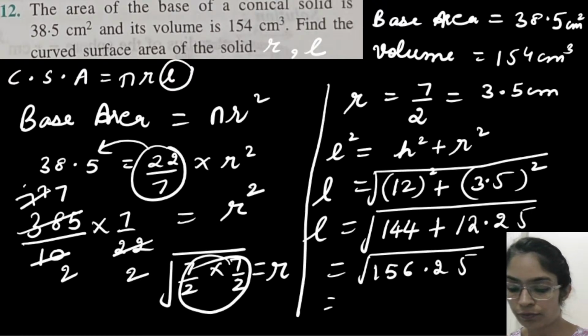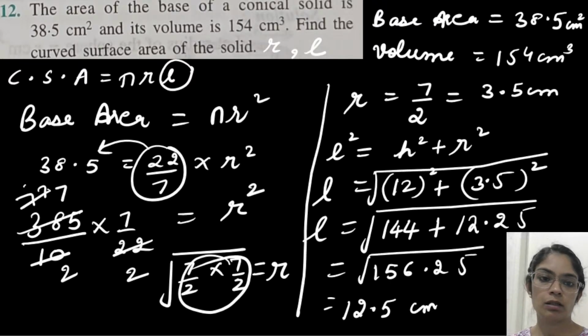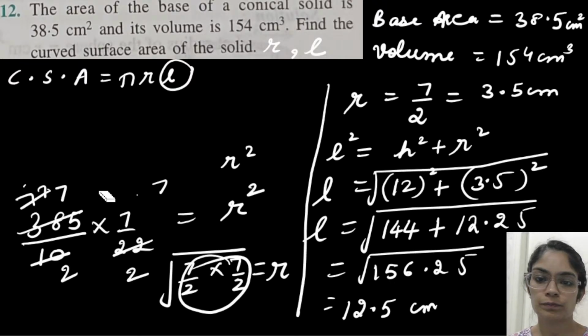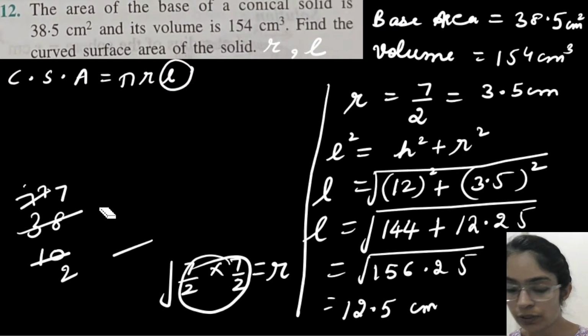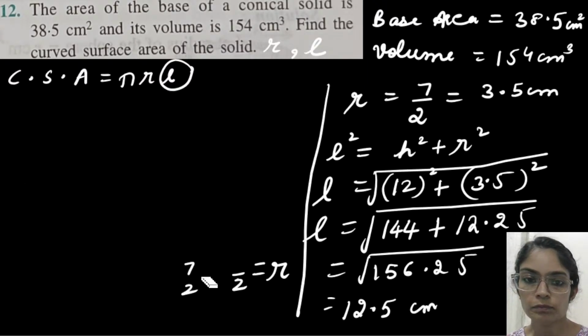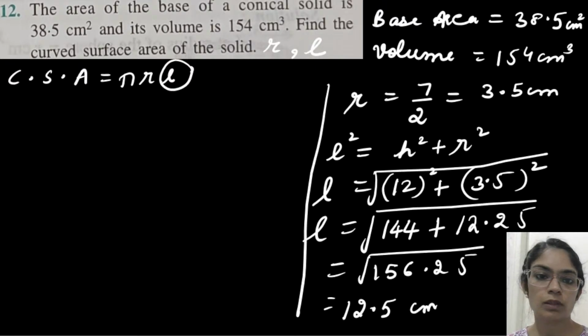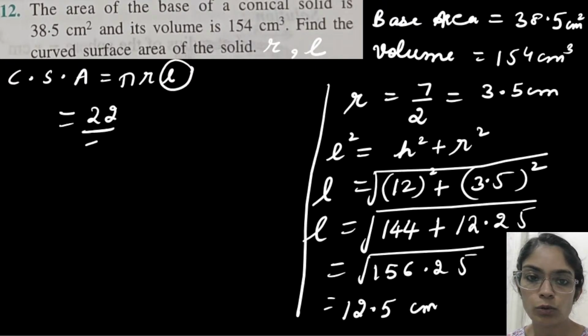It's 12.5. So 12.5 centimeter. Okay, so we have found both the values. Now let's do substitution. So we have found L. Now substitution. So 22 by 7.